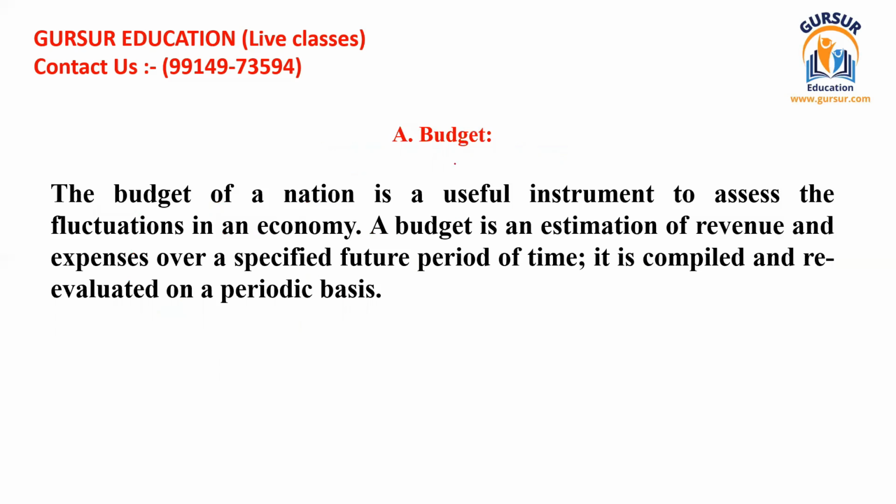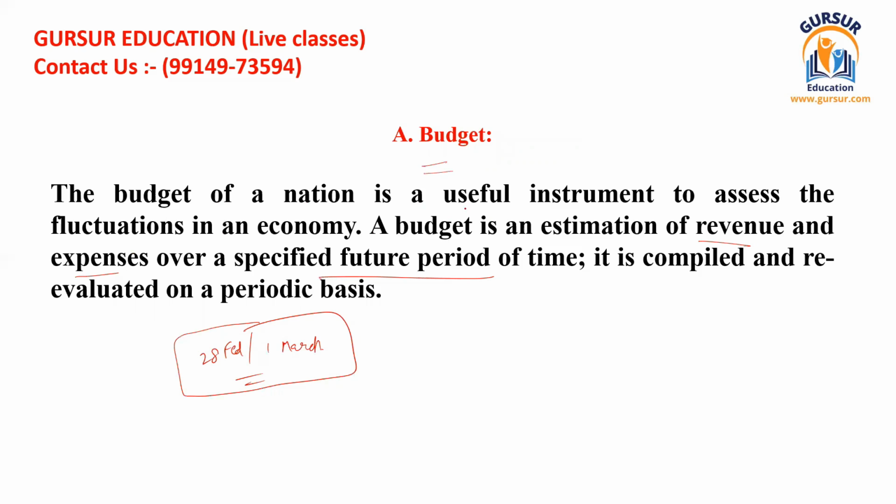The first is the budget. You know that every year on 28th of February or 1st of March, there is the issue of a budget. Usually in this period, the budget is presented in the parliament. Budget is the estimation of all the revenue and expenses over a specified future period of time.